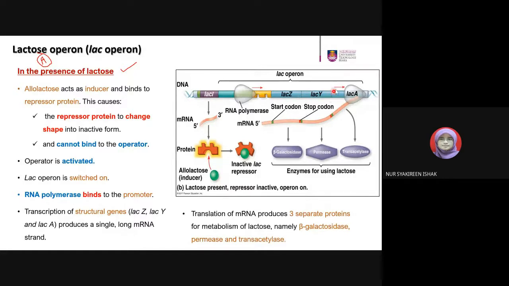So on the mRNA it has these regions, start and stop codons, to synthesize the 3 separate enzymes. So translation of the mRNA produces 3 separate proteins for metabolism of lactose, namely beta-galactosidase from lacZ, lactose permease from lacY, and transacetylase from lacA.